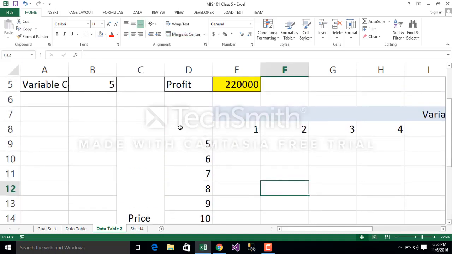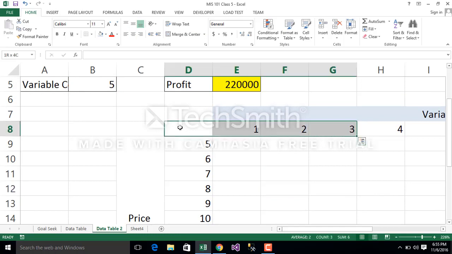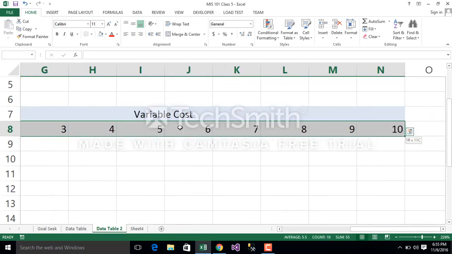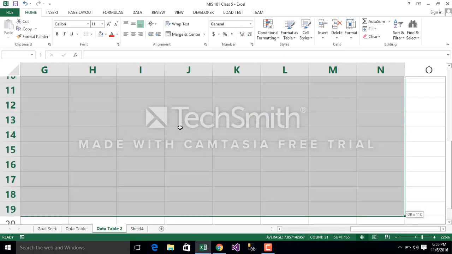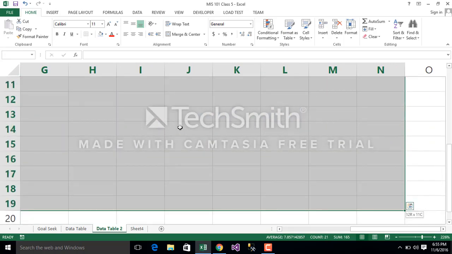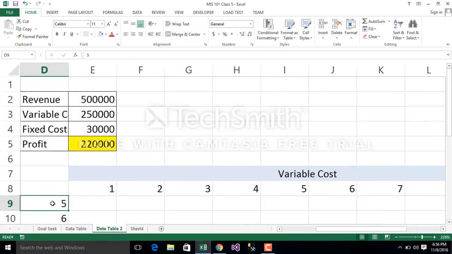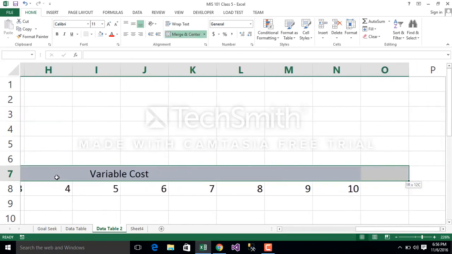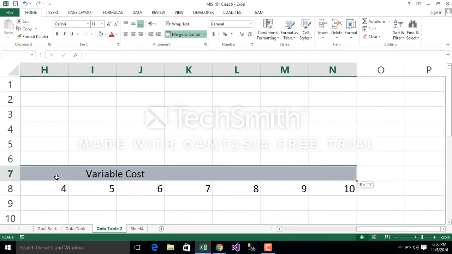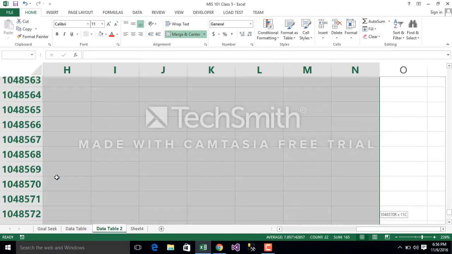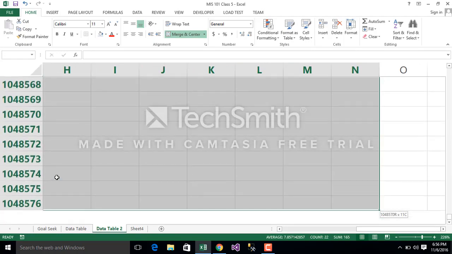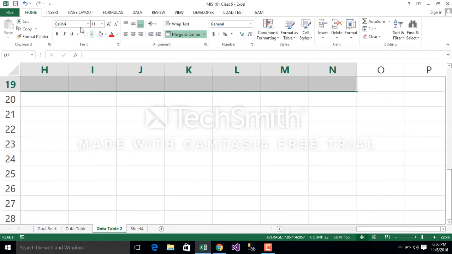So in this problem, just border the table.